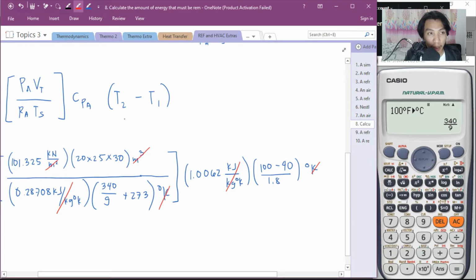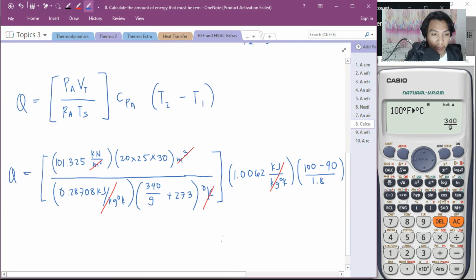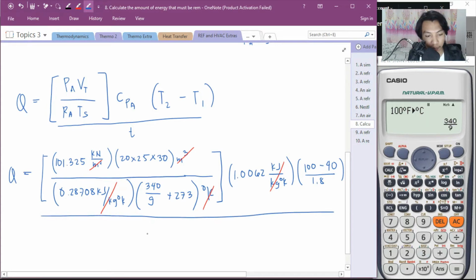Okay, may kulang tayo. Hindi natin minultiply ito nung time that is given. Okay? I-multiply natin with yung, hindi, divided by time pala to. Divided by the time, total time. Yan. Divided by the total time.